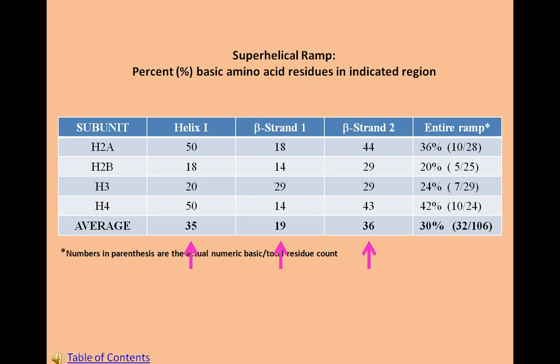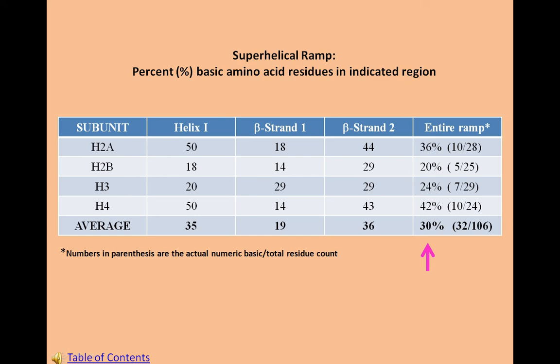Overall, however, as shown in the very last entry in the lower right-hand corner of the table, there are a grand total of 106 amino acid residues in the superhelical ramp, of which 32 are basic, giving an overall figure of 30% basic residues for the entire DNA-binding superhelical ramp.